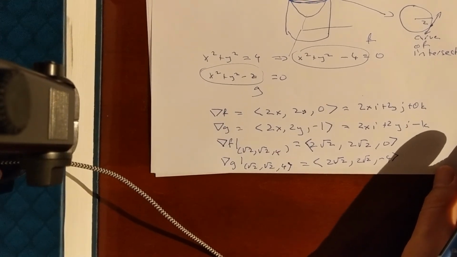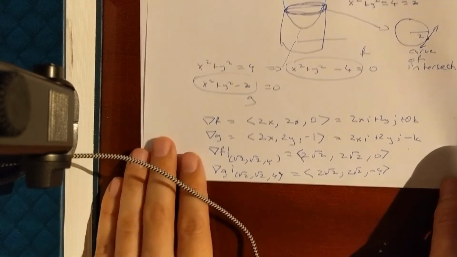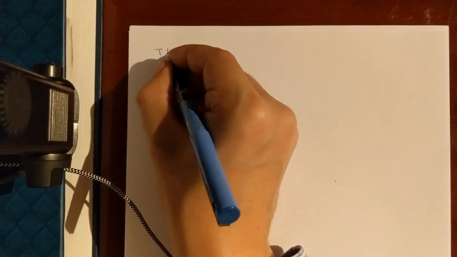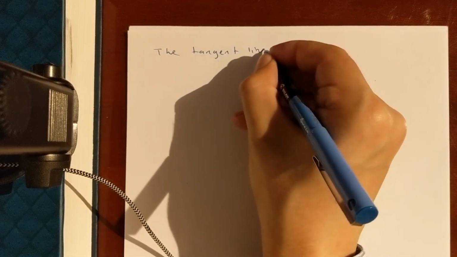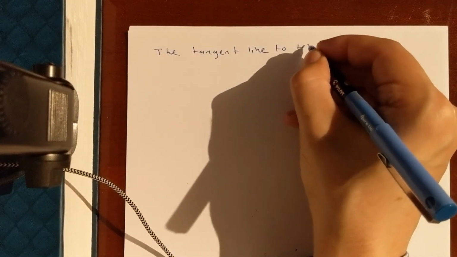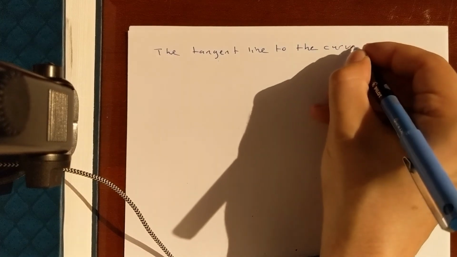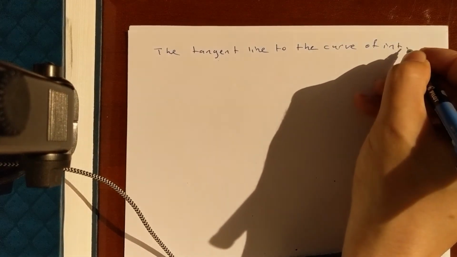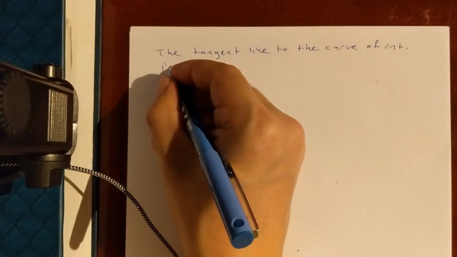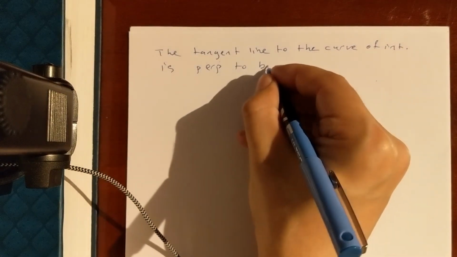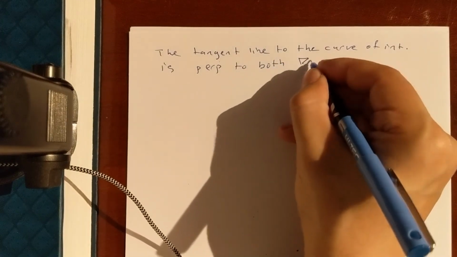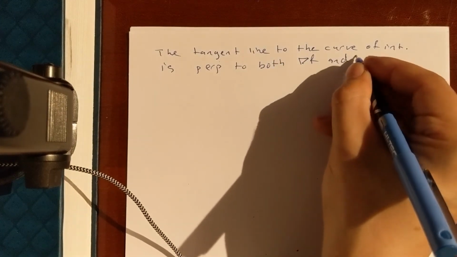Okay, so we got to find the tangent line to the curve of intersection. The tangent line to the curve of intersection is going to be perpendicular to both the gradient of f and the gradient of g, right?